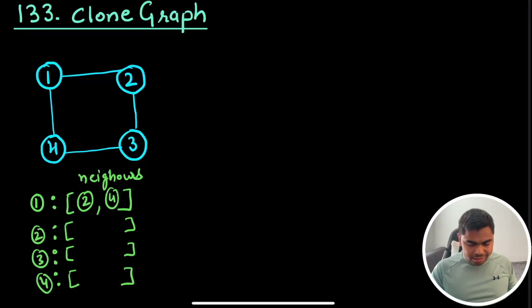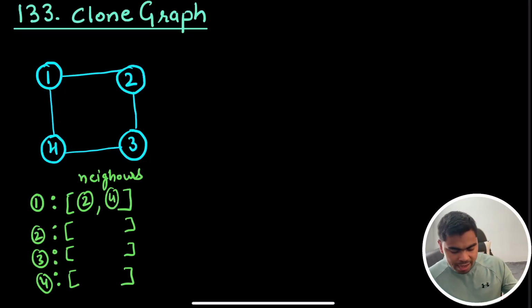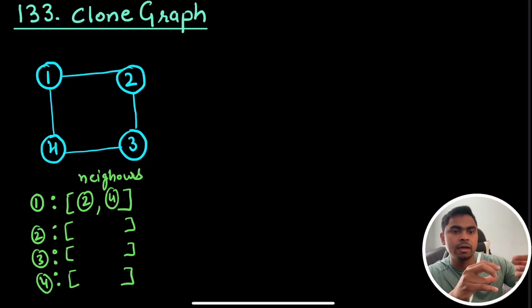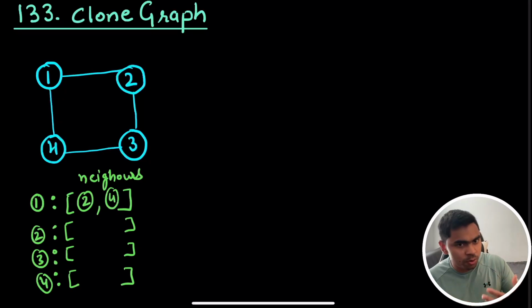I have just written it so that it's easy to understand, but in reality these vertices are actually connected, and if I'm your neighbor, then you are also my neighbor.